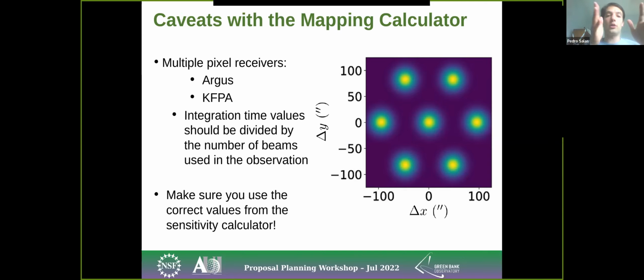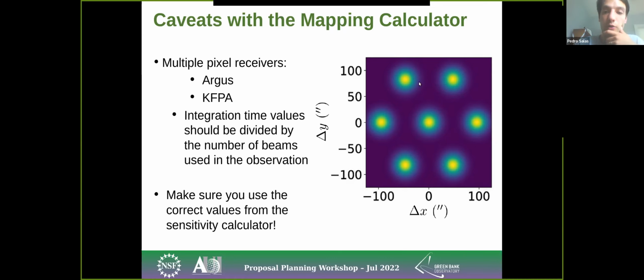So as you're slewing across the sky, the same position gets observed multiple times. What this means is that the total time you need to reach a certain sensitivity in your map is a fraction of the time you would need if you had a single beam receiver.